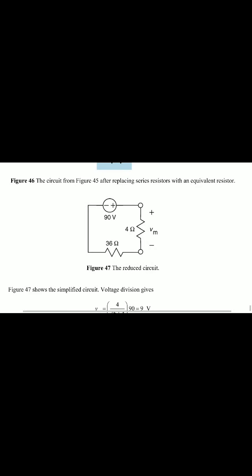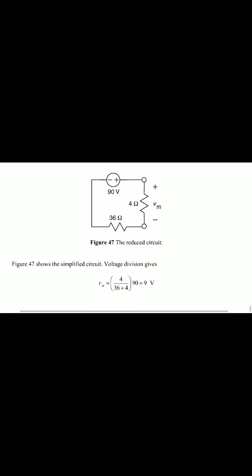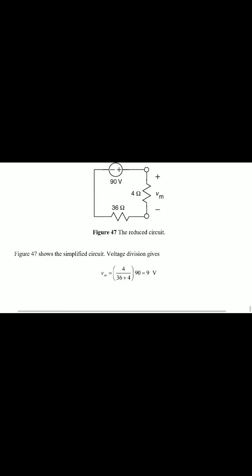Here the reduced circuit, figure 47, shows the simplified circuit. The voltage division gives the voltage across the meter as 4 by 36 plus 4 into 90, which gives 9 volts.